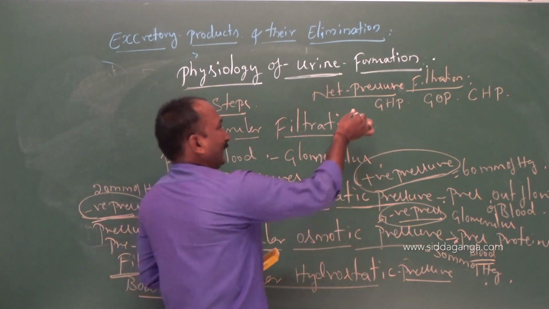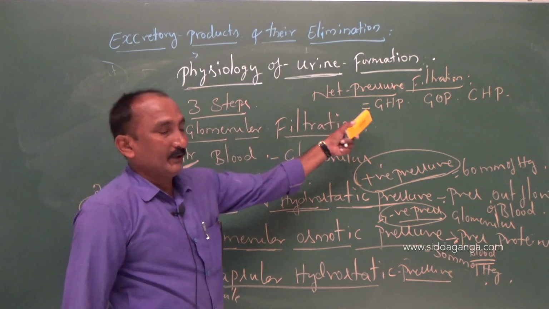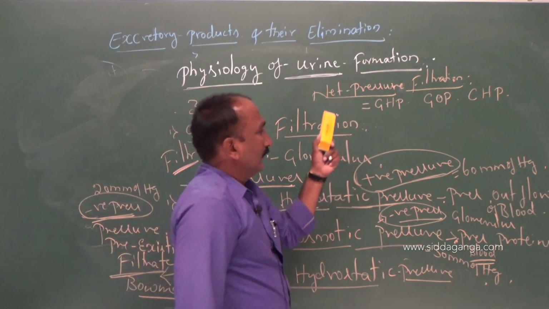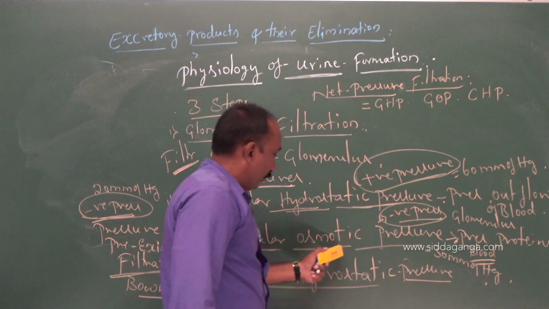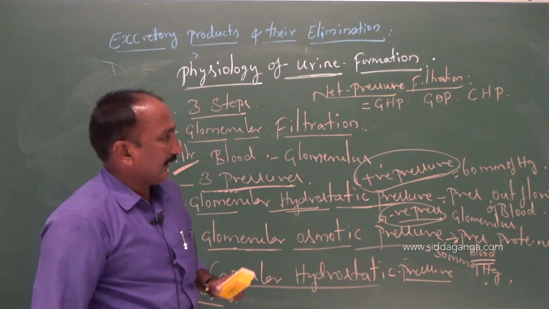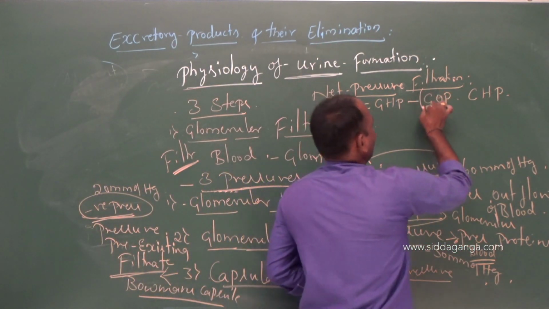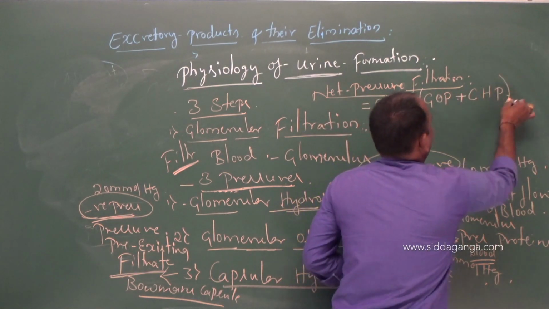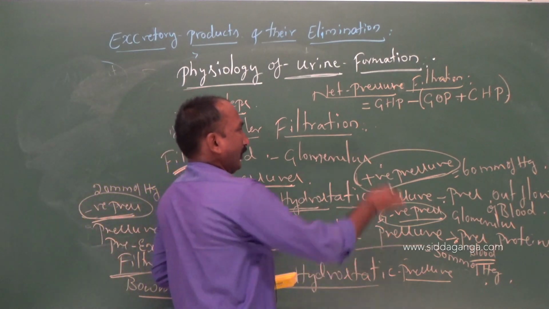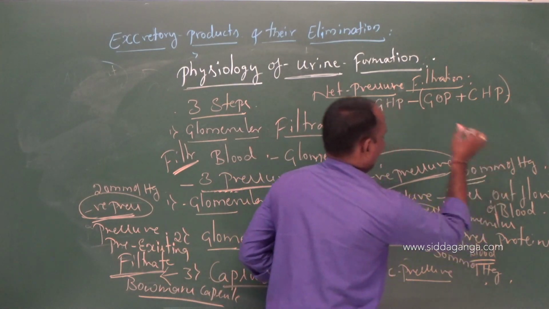Yes. The net pressure for filtration: glomerular hydrostatic pressure is a positive pressure, while glomerular osmotic pressure and capsular hydrostatic pressure are negative pressures, so you have to calculate. Glomerular hydrostatic pressure is about 60 mm of Hg.